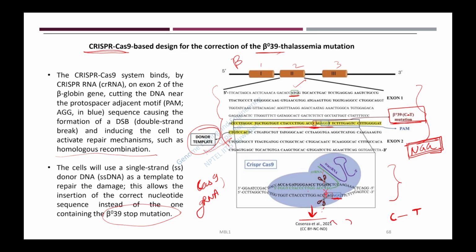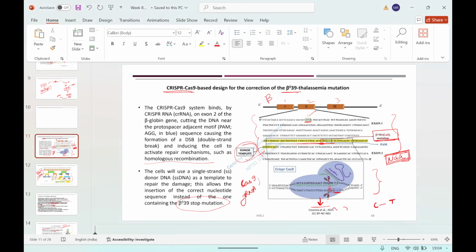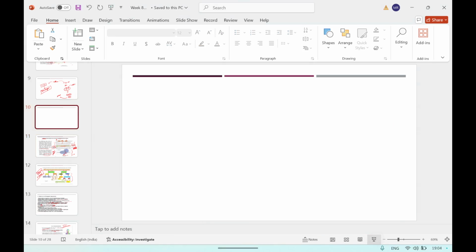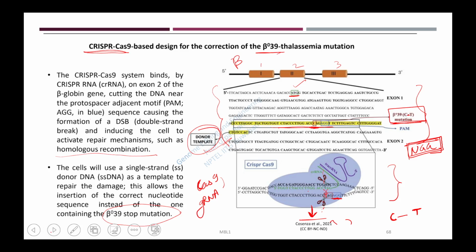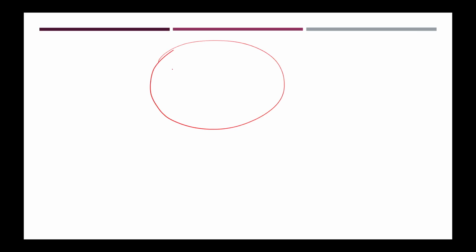Yeah, so here it is given that once the break is made. Let's see here. So once the break is made here, you can see here that the cell will use the single stranded donor DNA. So after making the cut, you are in the cell, and in the cell you have the faulty gene here.